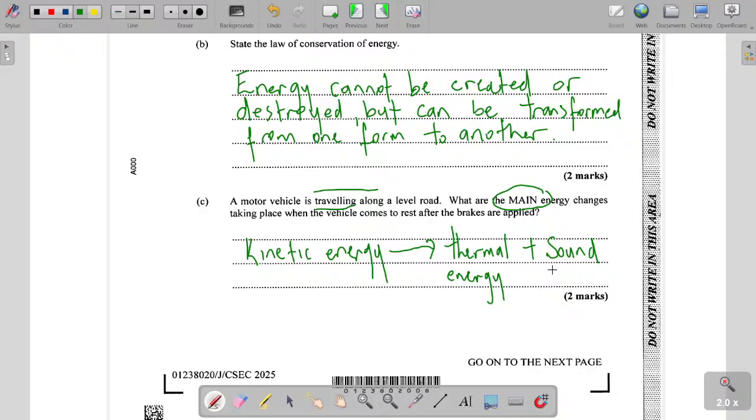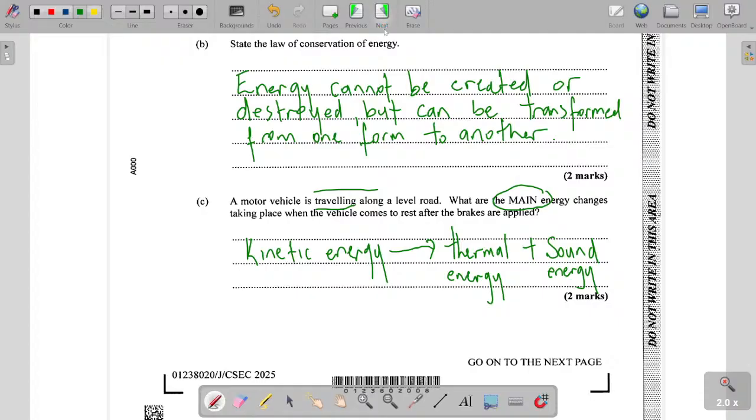So the reason why we have a plus here is because they are both happening at the same time, right? So that's all you need for the 2 marks. You can use the energy transformation diagram, or you can write it in words. So kinetic energy is being transformed into thermal energy plus sound.